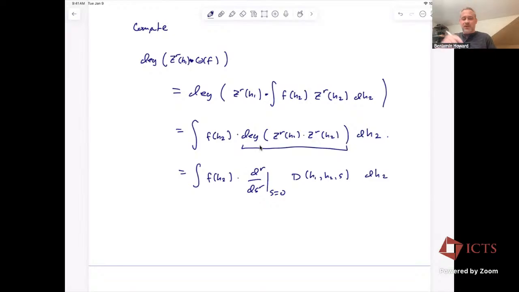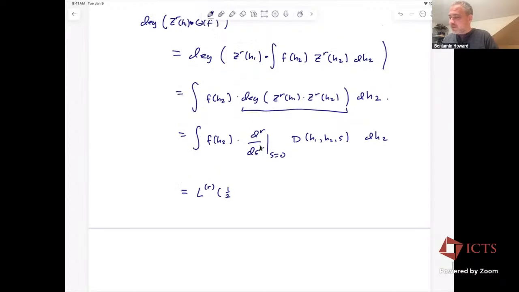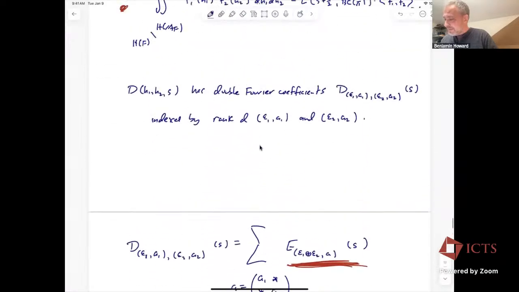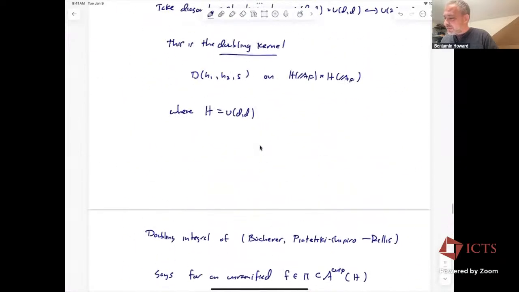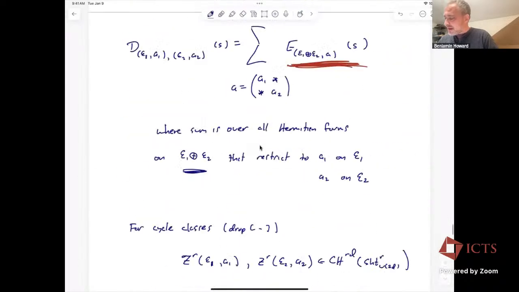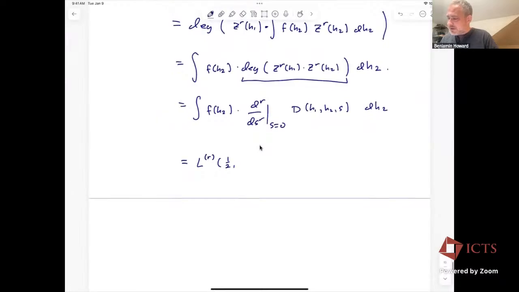And now you pull the derivative out of the integral, and the doubling integral tells you that this is now the Rth derivative of the base change L function at 1/2, because there was a shift in the doubling integral. Where did it go? Yeah, back here, s plus 1/2. So you get the Rth derivative at 1/2, the center of the functional equation, of the base change L function.